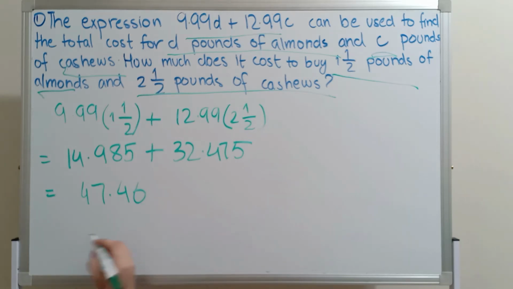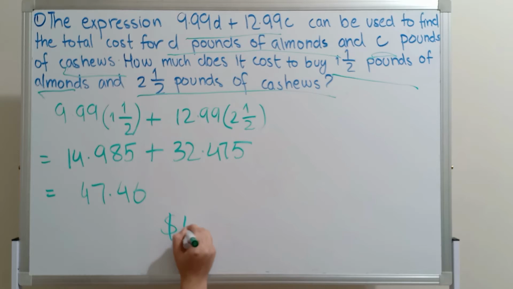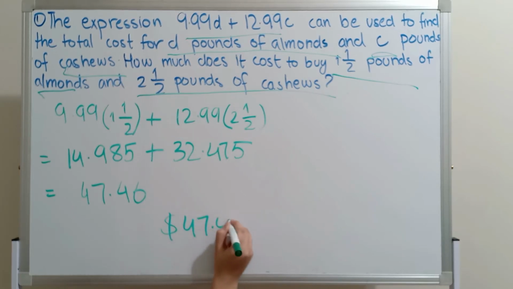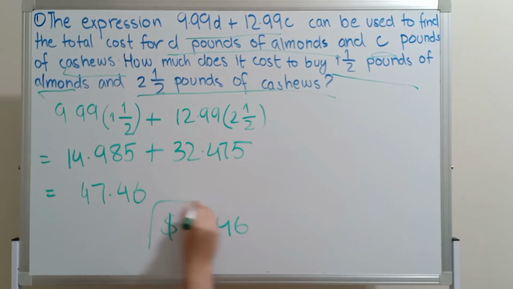Our answer is $47.46. That is how we evaluate. If we are given the values of the variables in the expression, we just substitute those variables with the values that we are given. And that is how we evaluate an expression.